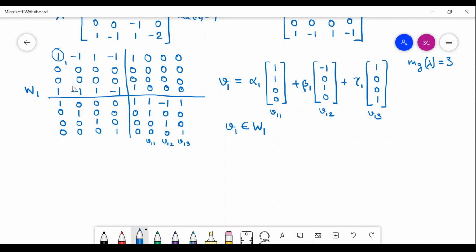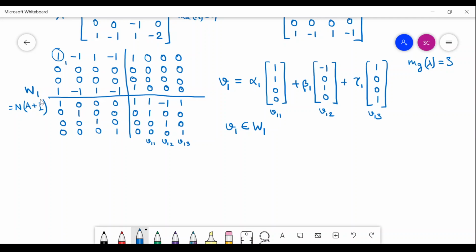So W1 space, for calculating the W1 space we have done this column operation. We have got the basis vectors of the W1 space. W1 is what? W1 is the null space of A plus I in our case.